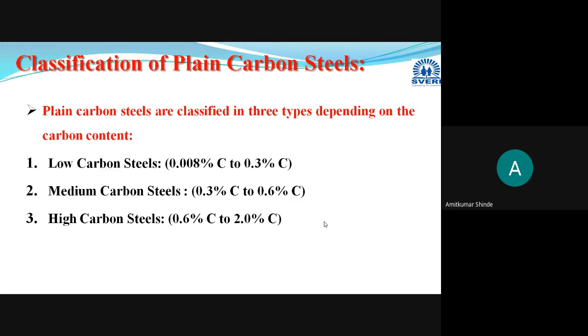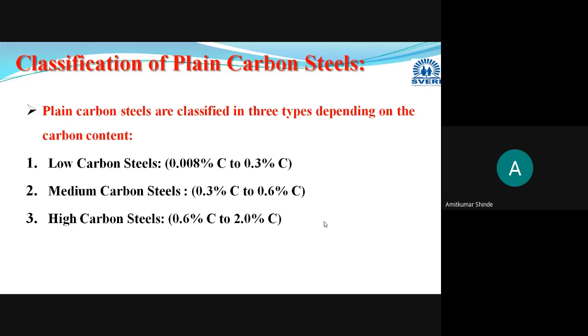Due to that nature, whichever machining processes, welding processes, or forming processes are there, you can perform very easily on these low carbon steel materials. As the percentage of carbon goes on increasing, their machinability will decrease, their weldability will decrease, their formability will decrease.